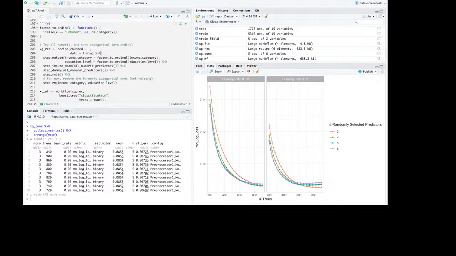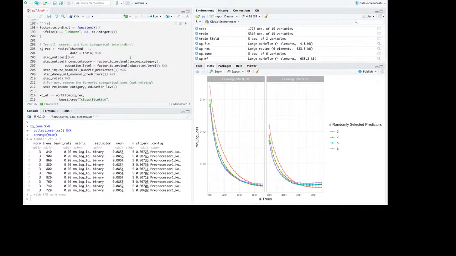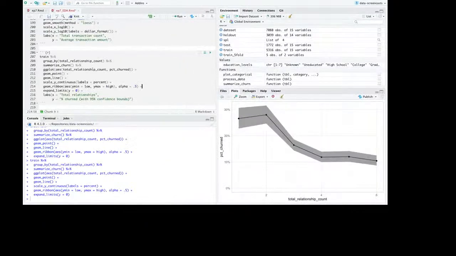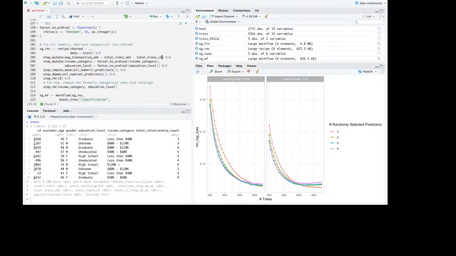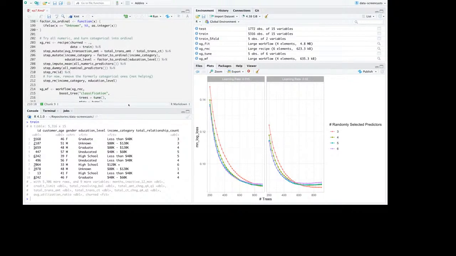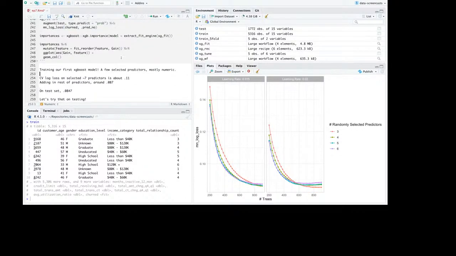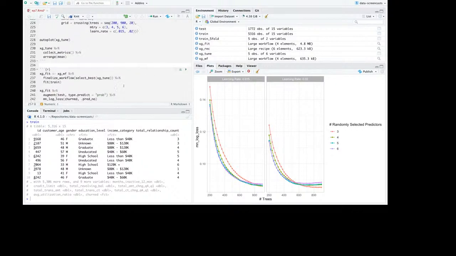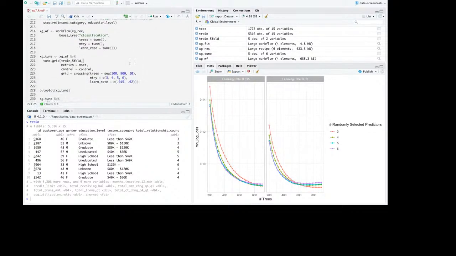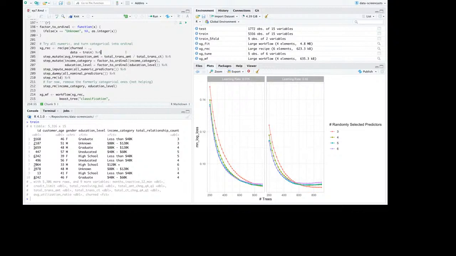I'm going to throw in the one we just came up with, average transaction amount, 853. I've got to keep only the one learning rate for now, and the average transaction amount.